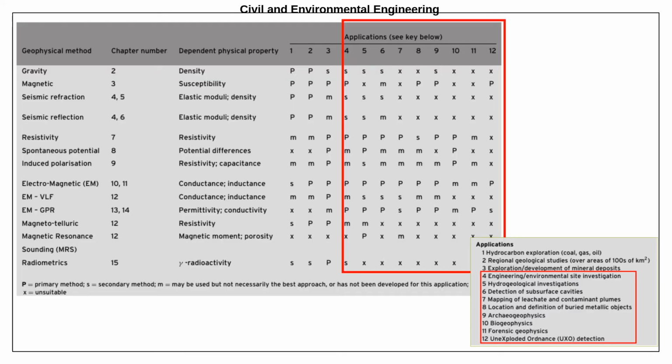As you can see here, for example, this is more or less a table showing the applicability of different geophysical methods versus their applications. For example, let's look at your bottom right legend here showing the codes for the applications.